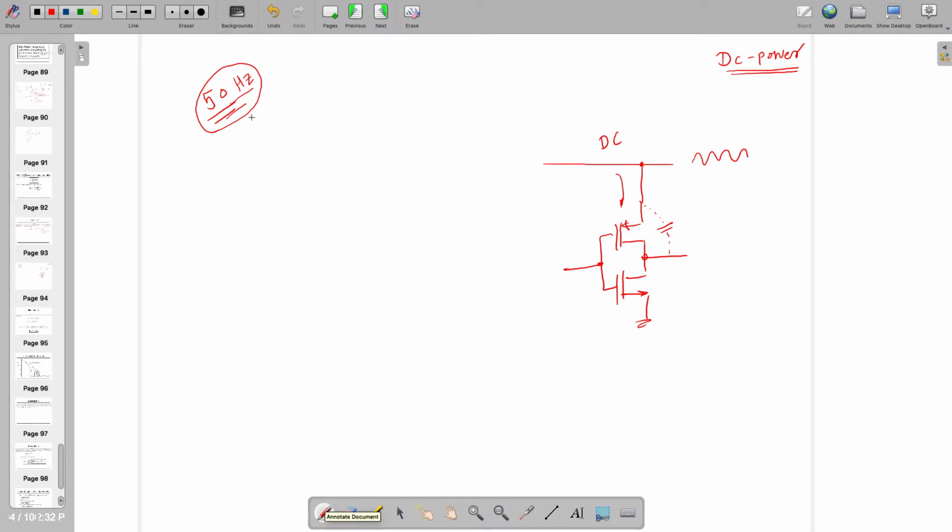Look, this is the standard 50 hertz that we are generating through the FACTS, fluctuating AC transmission line. Somewhere, I don't know, but that is not my question. I'm saying that AC 220 volt 50 hertz is coming, right? He is talking about the DC power which he wants to use, let's say 10 volt, but it's not exactly 10 volt.